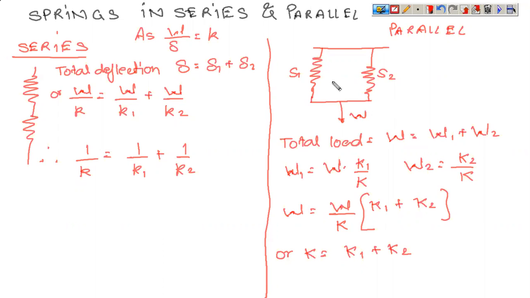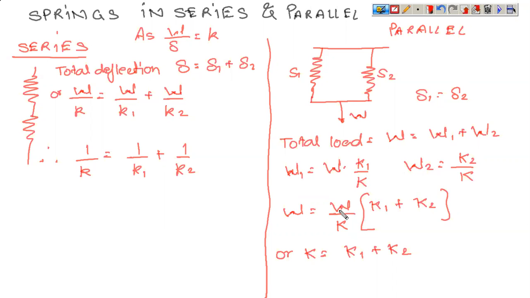So the total load W gets divided into two parts, W1 and W2, in such a manner that they deflect by the same amount, which means that delta 1 will be equal to delta 2. So W1 is equal to W, the total load, in ratio of K1 by K, where K is the total stiffness, and W2 is equal to W times K2 by K, where K is the total stiffness of this entire system.